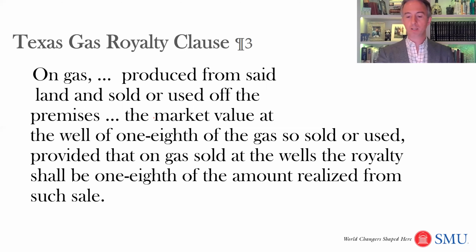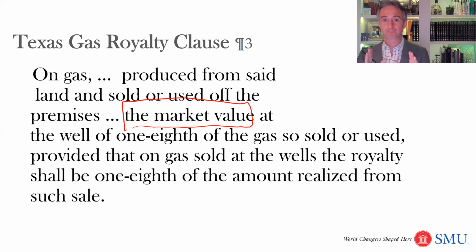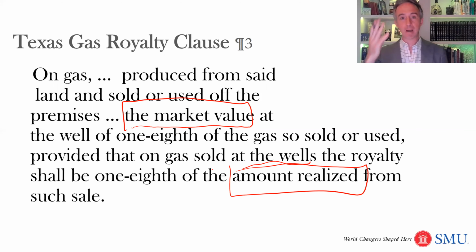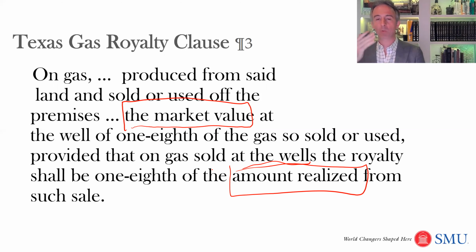So it's 1/8 of the gas production. But in one case, it says if it's sold and used off the premises, then we want 1/8 of market value. On the other hand, if it's sold at the wells, then we want 1/8 of the amount realized, which basically means the amount the oil and gas company was paid.